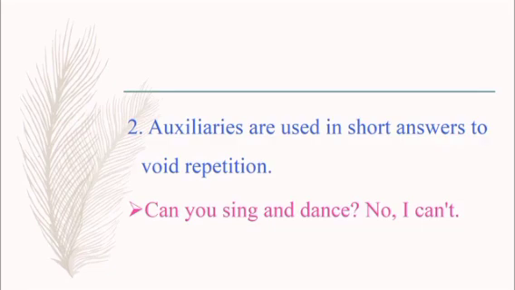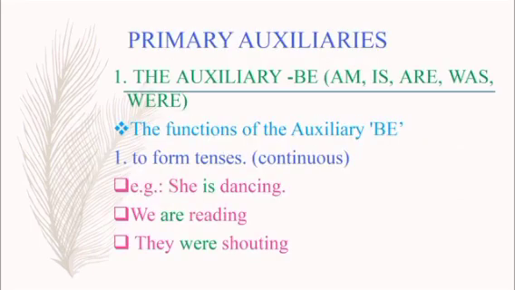Primary auxiliaries. The auxiliary be, in other words, be verbs: am, is, are, was, were. Now let's see the functions of the auxiliary be. The first function is to form tenses, especially continuous tenses.